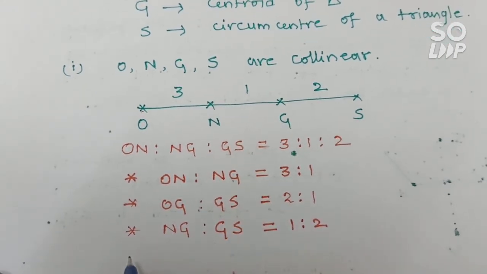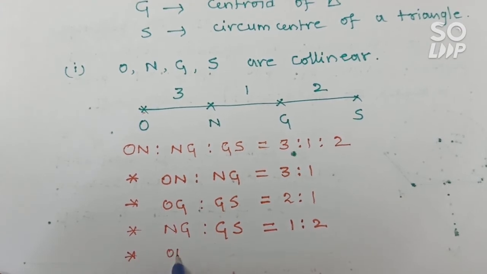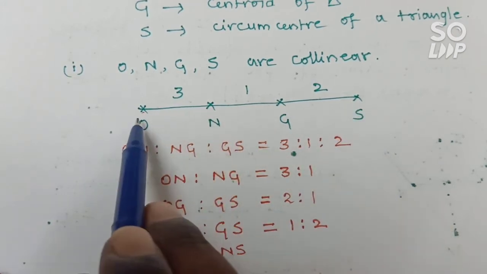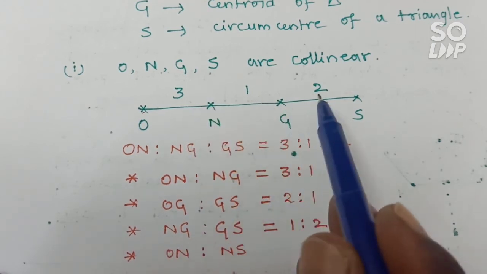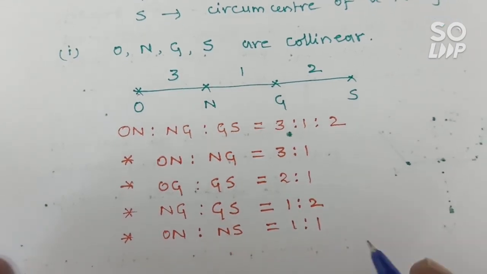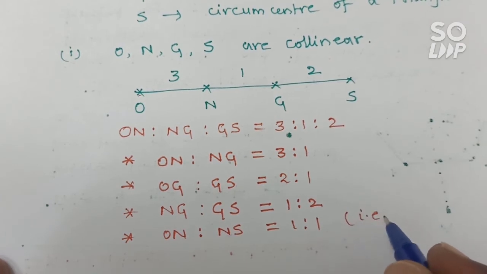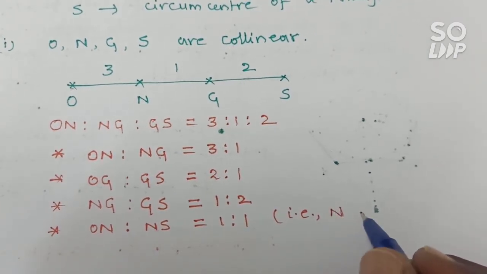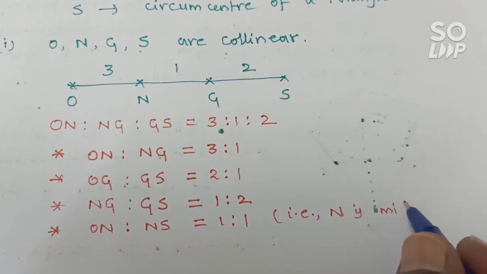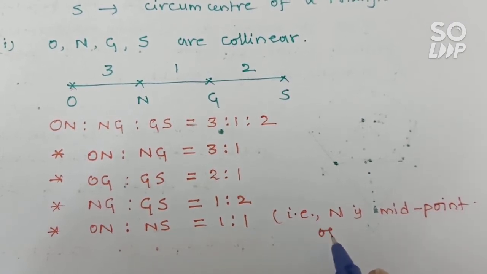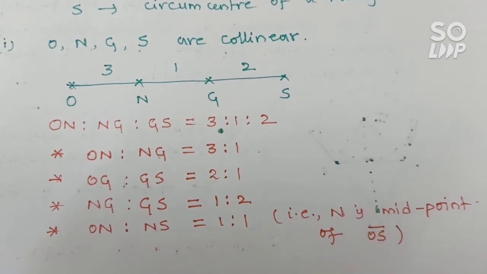And the next one is ON is to NS. That means in which ratio does N divide the line joining the orthocenter and circumcenter? 3:3, that is 1:1. So N is the midpoint of OS.